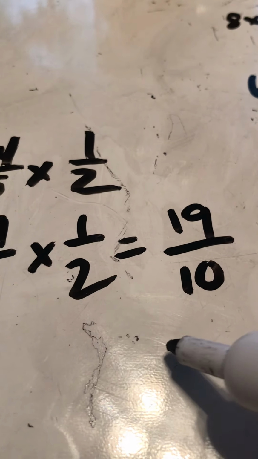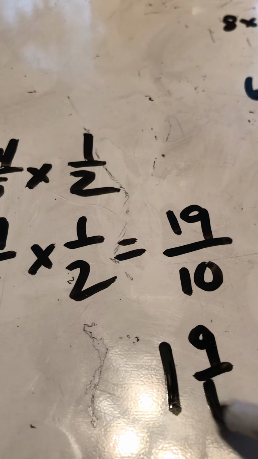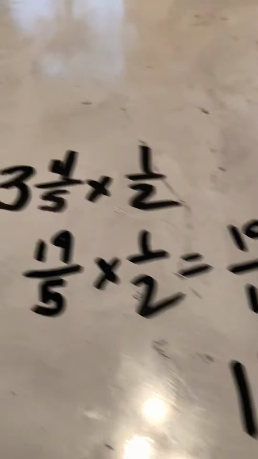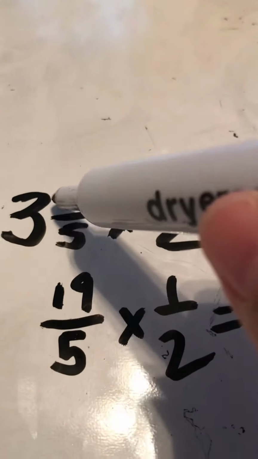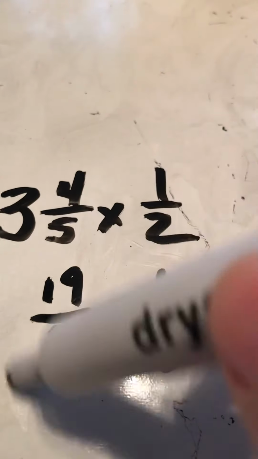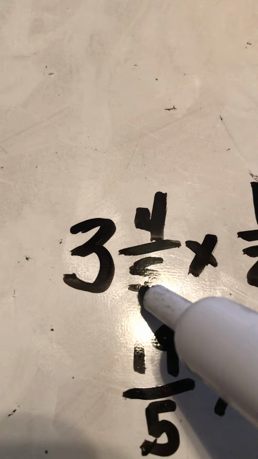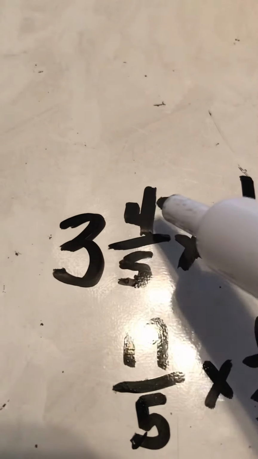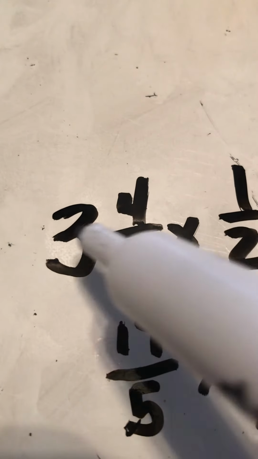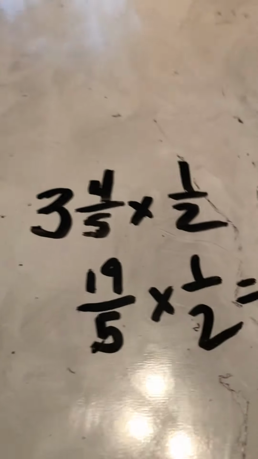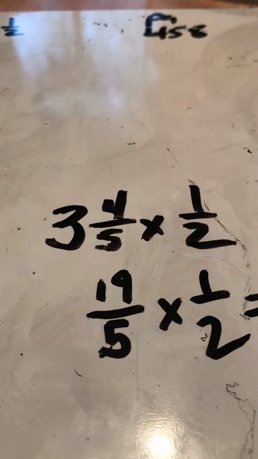So when we divide 10 into 19, we get 1 9/10 as our answer. So we took this mixed number and we turned it into an improper fraction. So let me review that real quick. To do that, you would do your denominator times your whole number plus your numerator. So 5 times 3, 15, plus 4 is 19. That's how we ended up coming up with that answer.